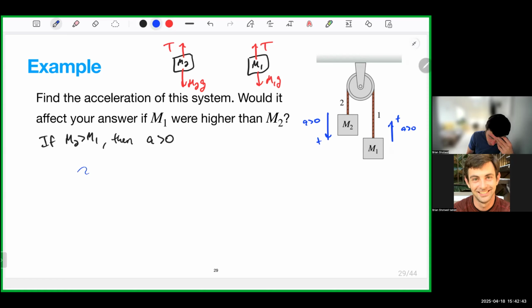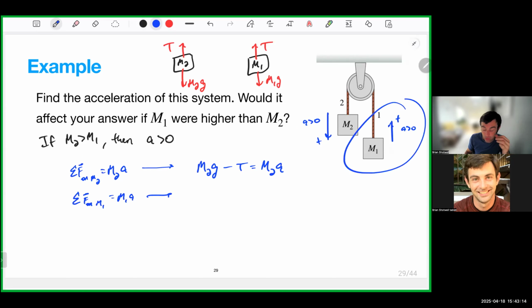So the sum of the forces on M2 is equal to M2 times A. So the equation that gives us, keeping in mind that the downward direction is positive for M2, M2G, that's positive, minus tension is M2A. And then if we do the same thing for M1, we have the tension, which is now in the positive direction. So tension minus M1G is equal to M1A.